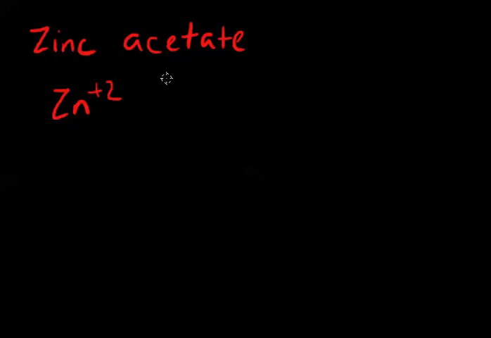Acetate doesn't sound like any of our regular elements that turn into an ion. It ends in ATE, so it's a polyatomic ion. And if you look acetate up, the formula is C2H3O2, and then the whole acetate has a charge of -1.